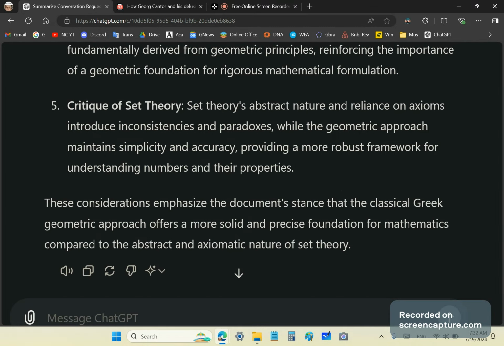And number 5, set theory's abstract nature and reliance on axioms introduces inconsistencies and paradox, not to mention a very profound obfuscation in grasping the concepts, while the geometric approach maintains simplicity and accuracy, providing a more robust framework that is simple, easy to understand, doesn't require months of learning, and gets right to the crux of the matter, which is measure. In set theory, you have no measure.